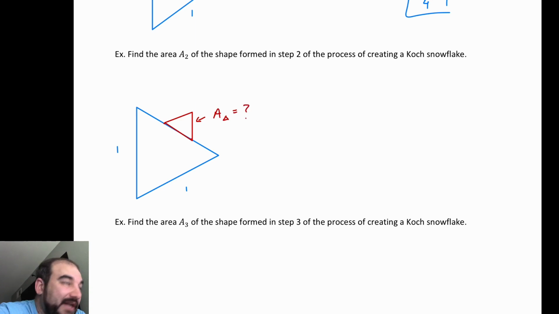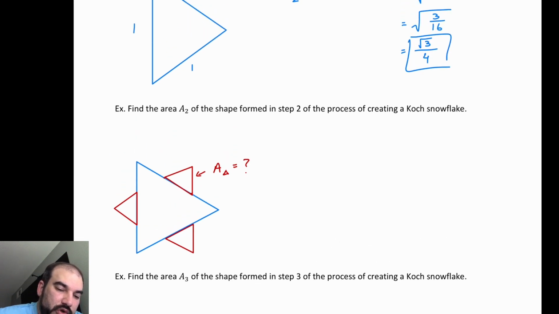Because if you find the area of that triangle, you can just add 3 of those to get the total area for the second step of the figure, right? If you find the area of this little triangle, you can add 1, 2, 3 of those to this square root of 3 over 4, and then you'll have your area of the second figure.